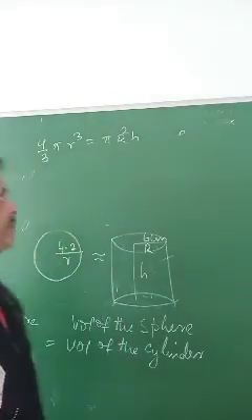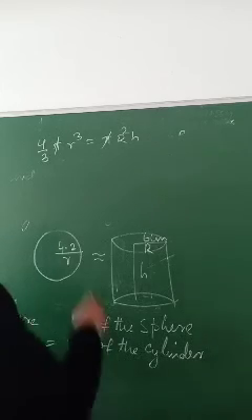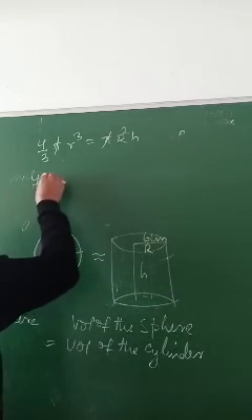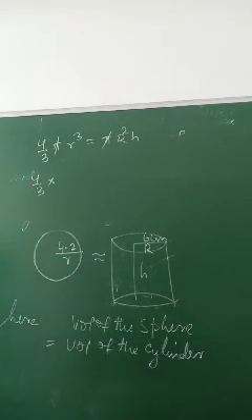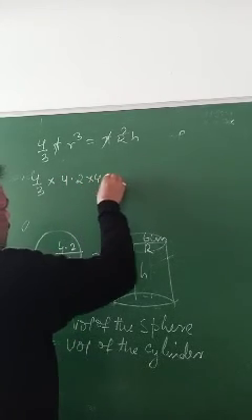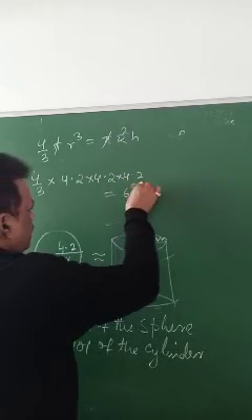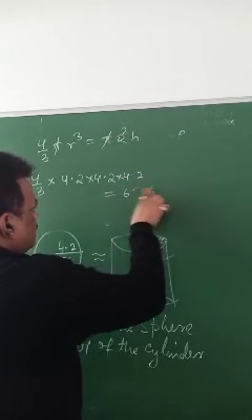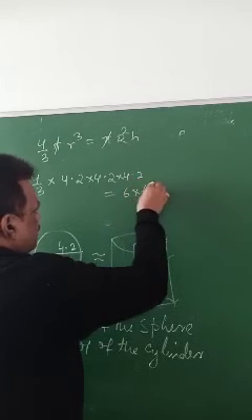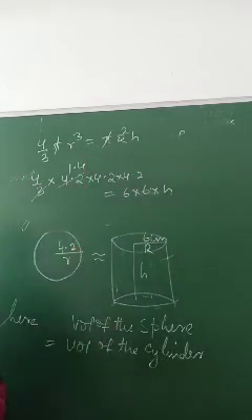Okay. Then pi is cancelled. 4 by 3, r is 4.2, R is 6 square, 6 into 6 into h. 3 cancel here, 1.4.